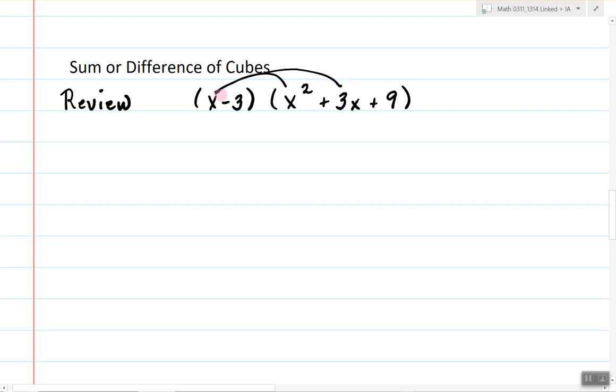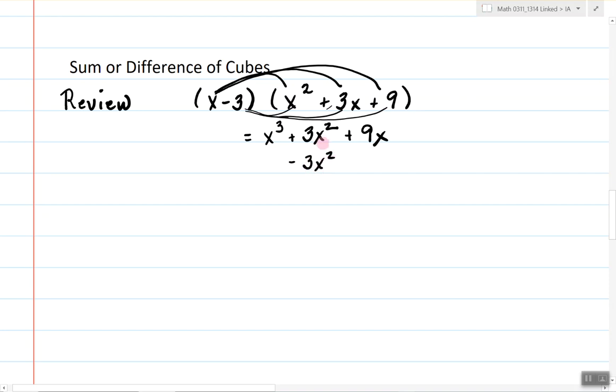If I use the distributive property and multiply, x times x squared is x cubed. X times 3x is 3x squared. X times 9 is 9x. Now I'm going to distribute the minus 3. Negative 3 times x squared is negative 3x squared.